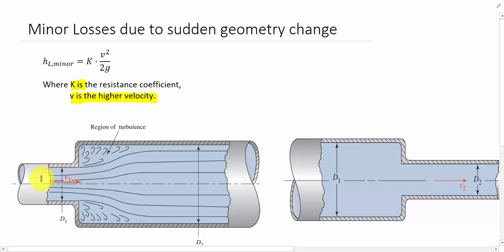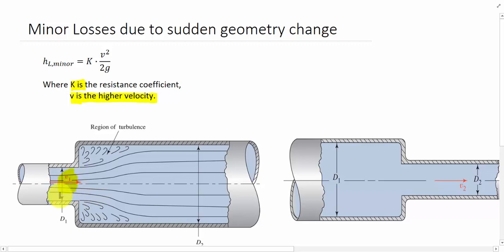So for example, if you have the flow going from a small pipe to a larger pipe, based on the continuity equation, the velocity at the smaller pipe should be much larger than in the large pipe, so we're using this V1 number here.